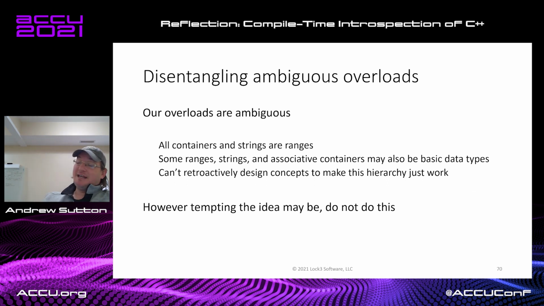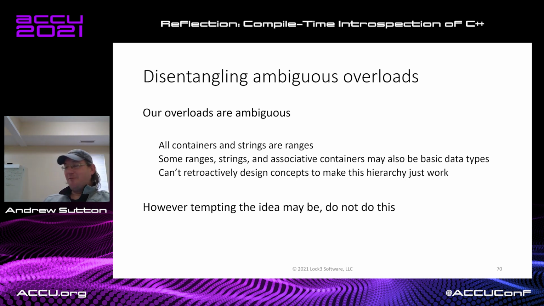So what happens is that if you try to call this write value with any type that satisfies both basic data type and range, for example, it's ambiguous. These concepts are entirely unrelated. They're not comparable, and so you end up with an ambiguous overload resolution.